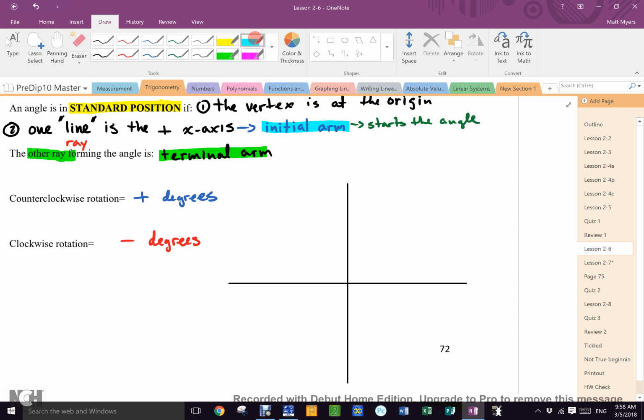So where is my initial arm got to go? It has to be the one over there because it has to be on the positive x-axis. Everyone agree? All right, now we are going to draw 3 terminal arms. All right, we are going to draw 1 terminal arm in quadrant 1. Draw it. Everyone's going to be different because nobody's going to make it the same. Everybody cool?